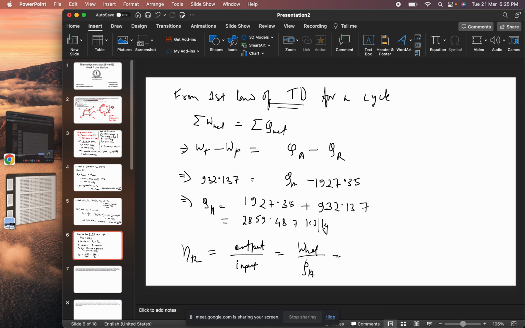W net you have calculated as 932.137, and Q added you have just got as 2859.487.